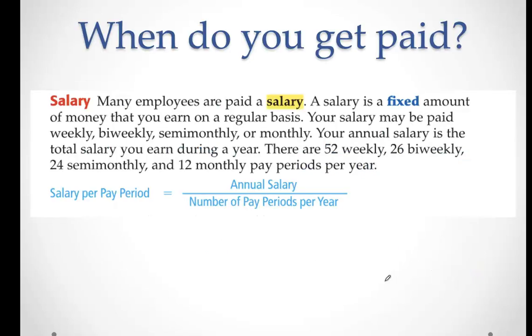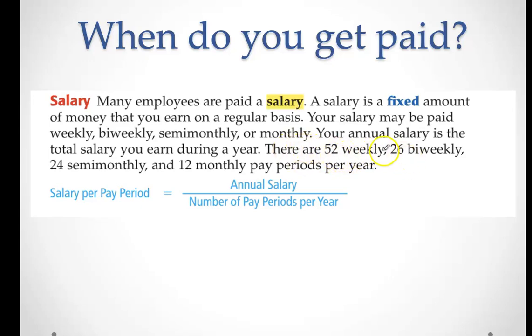Many people are paid salary. A salary is a fixed amount of money that you earn on a regular basis. Your salary might be paid weekly, bi-weekly, semi-monthly, or monthly. So on the next part of your notes, you need to fill in these numbers. Your annual salary is your total salary which you earn during the year.